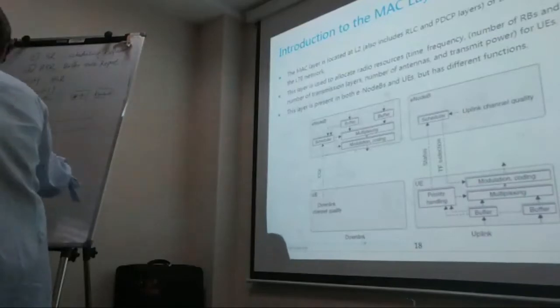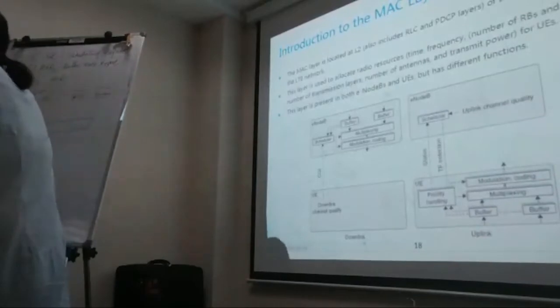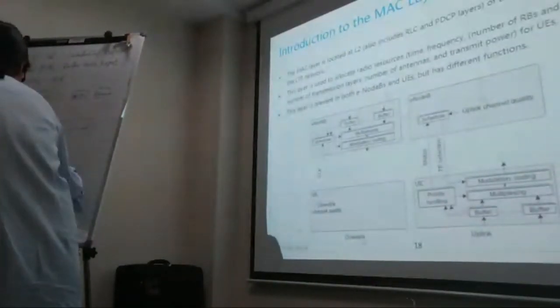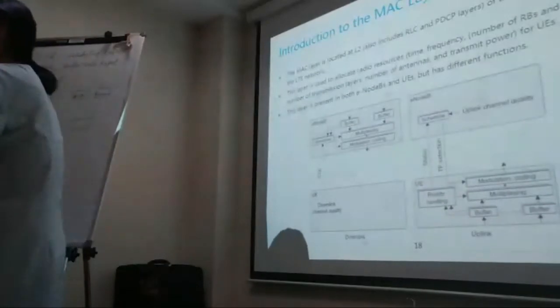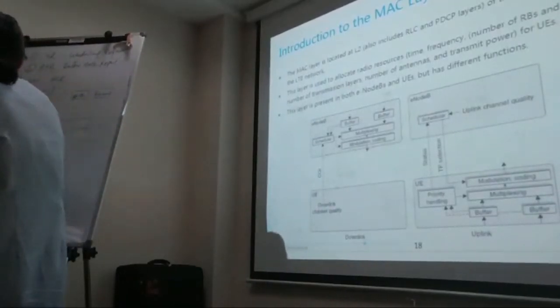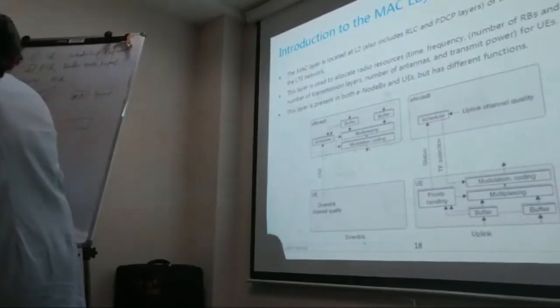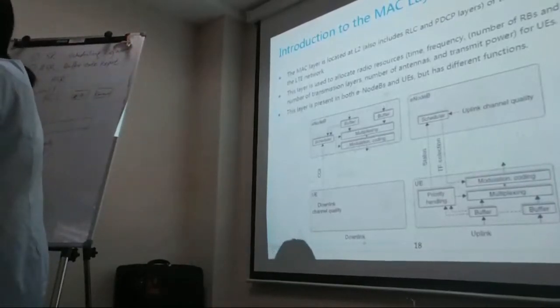So this is the UE, this is the eNode B. When the eNode B receives the SR, it knows the UE has data to transmit, but it doesn't know how much data. So it will use the PDCCH to allocate some resource to the UE.